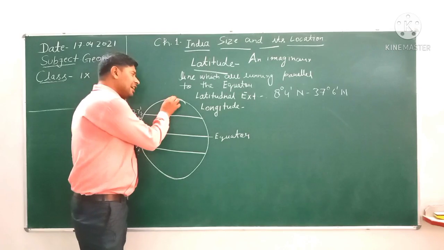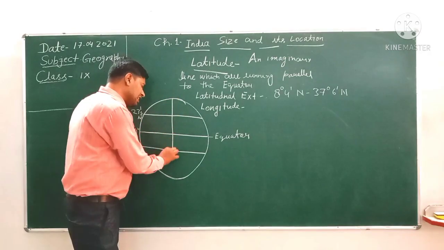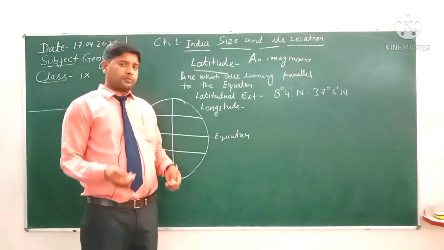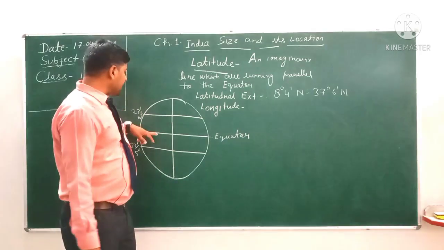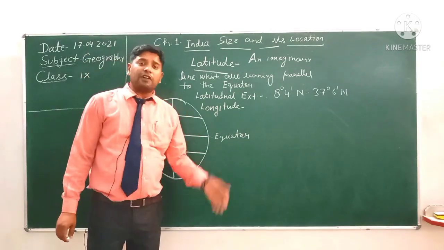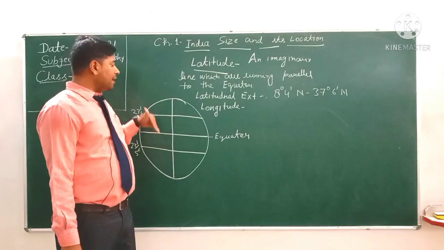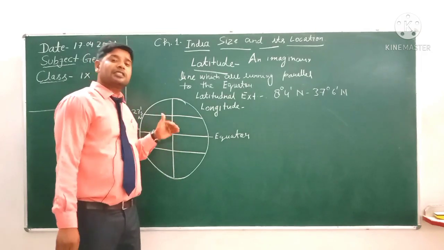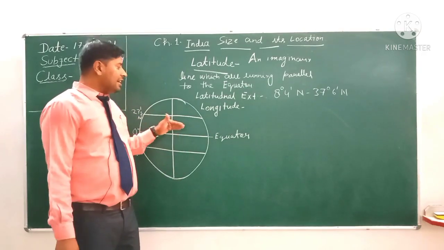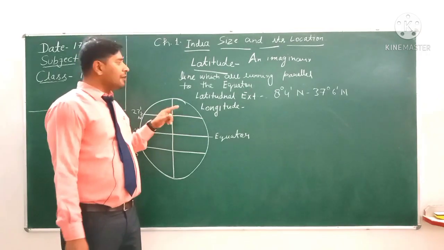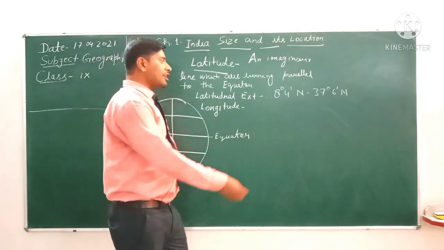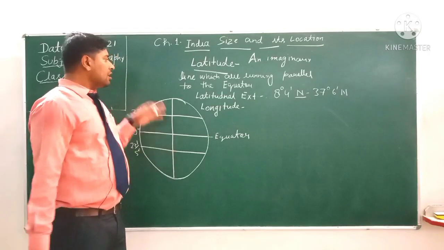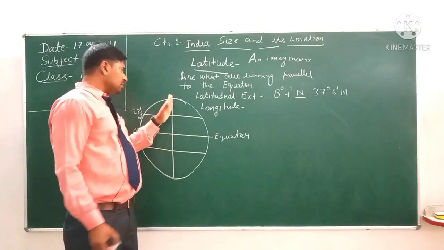Here is an imaginary line also, known as the Greenwich or prime meridian. As we know, the equator divides the earth into northern and southern hemispheres. Because India lies totally in the northern hemisphere, we point out the latitudinal extension as north.